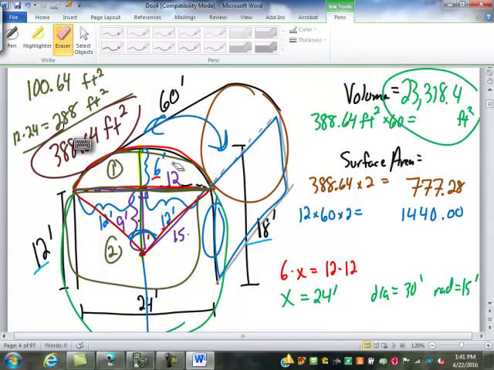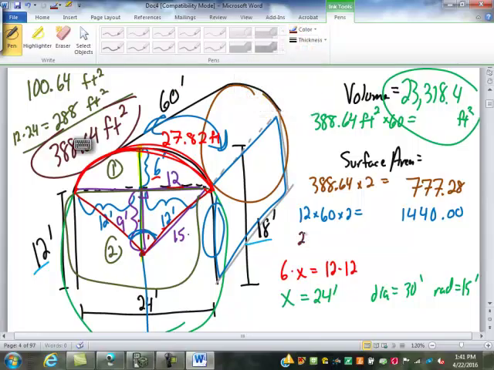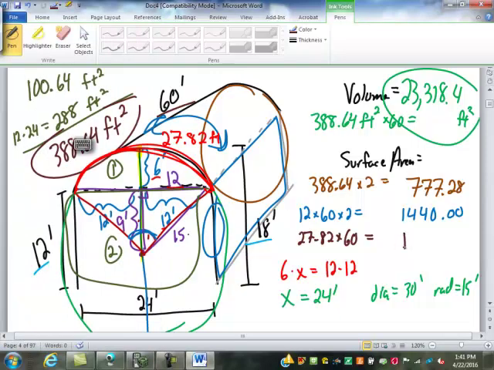So what's that telling me? That's telling me that this arc here is 27 point, what was it? 82 feet. So the area of that piece up there is 27.82 times 60 feet of length, or 1669.2.